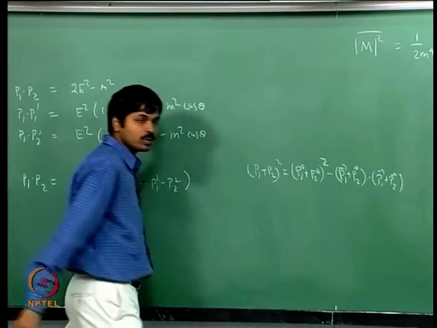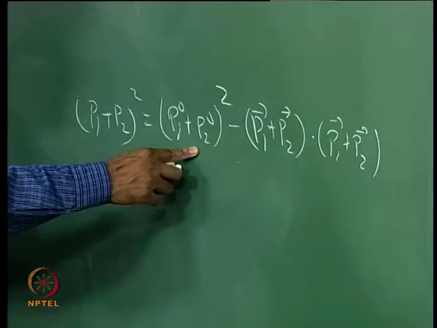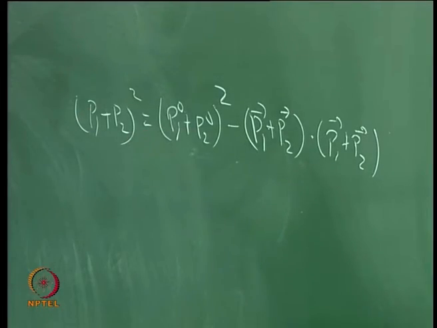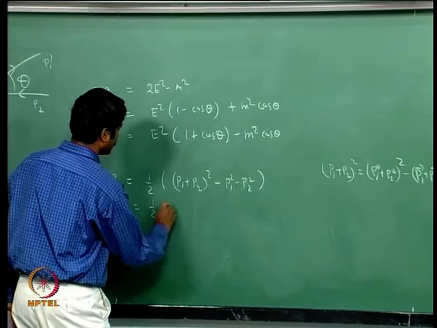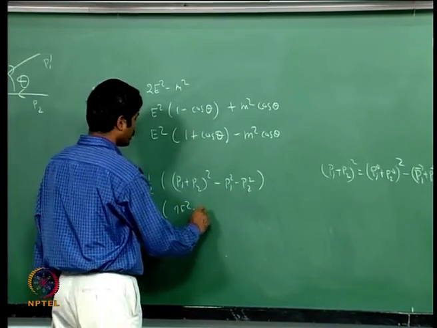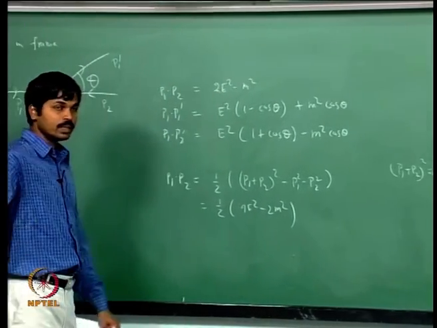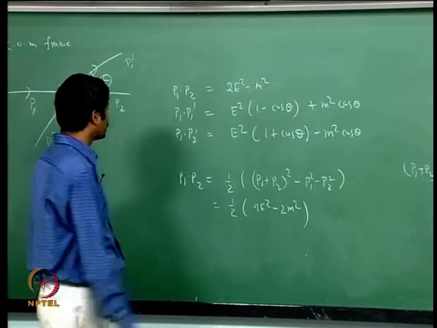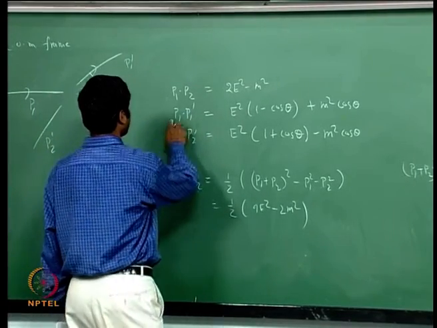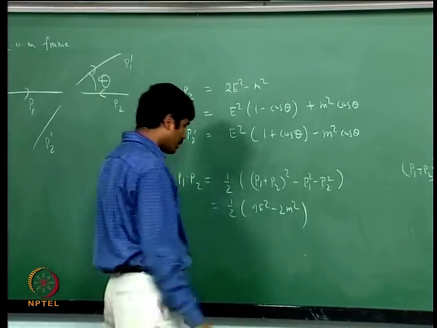But P1 plus P2 is 0 in the center of mass frame, and this is twice E. So, therefore, I got this to be half of 4 E square minus 2 m square, which is what is given here.